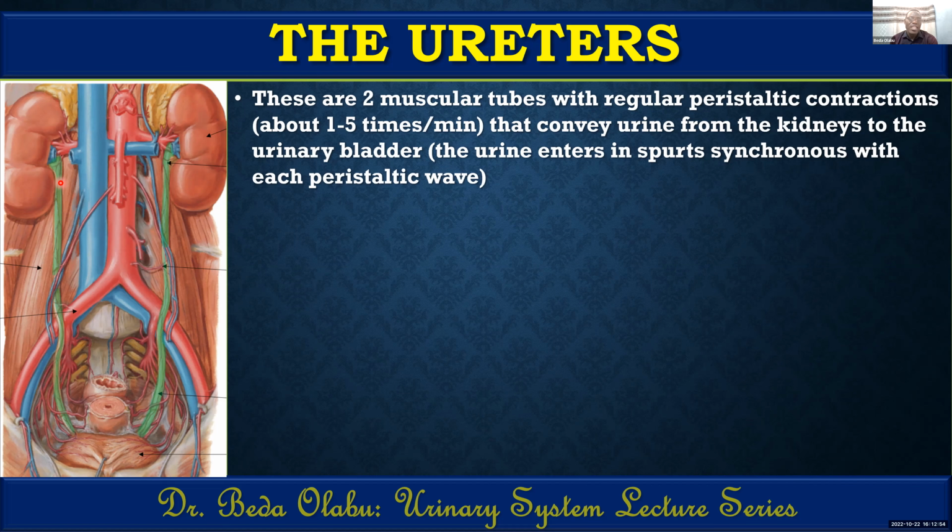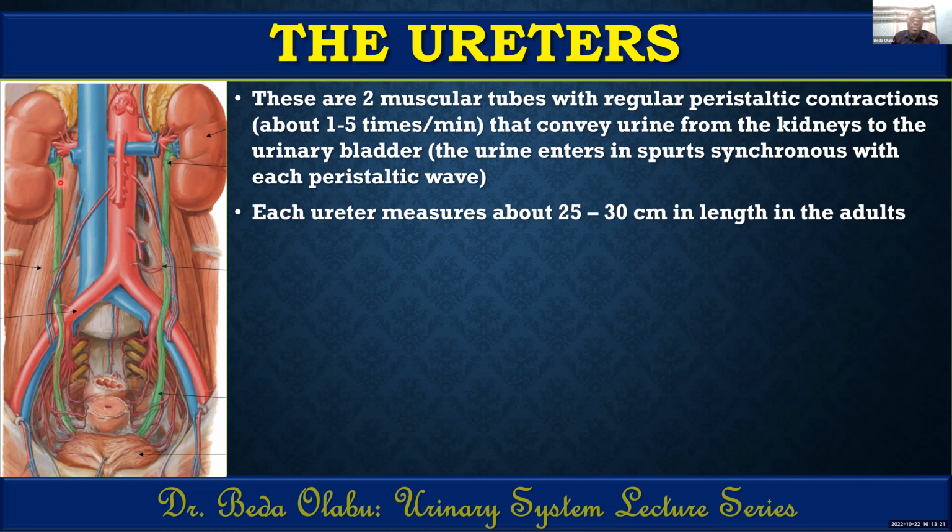And those peristaltic activities are the ones that propel urine from the pelvicalyceal system all the way to the urinary bladder for storage. Because of these peristaltic activities, the urine entering the urinary bladder may also enter in spurts or jets, which are synchronous with these peristaltic waves of the ureter.